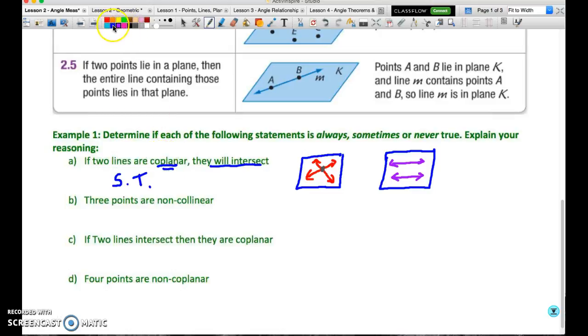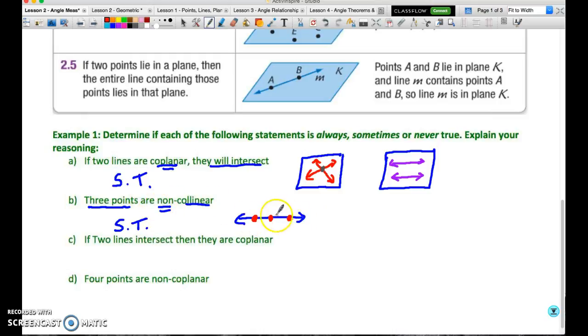Okay, to the next question. 3 points are non-collinear. That means if you have 3 points, they do not share the same line. This, of course, is also sometimes true. You may have the following instance. You may have a line which contains the 3 points. And so this is an instance in which you can see that the statement is not true.